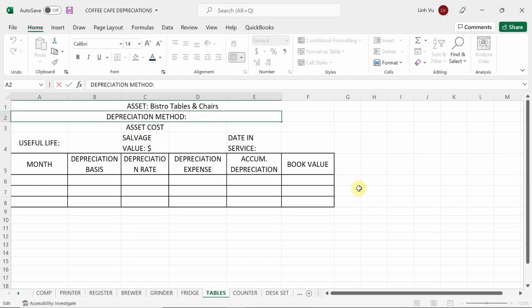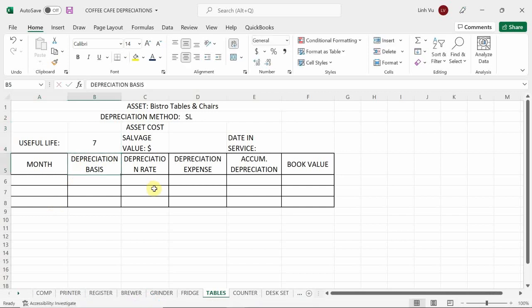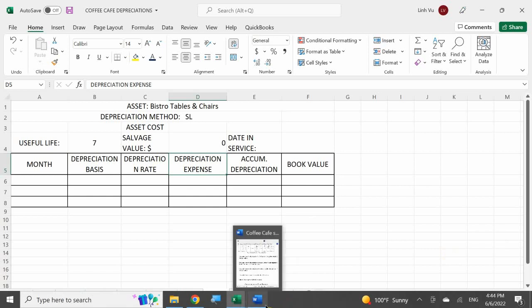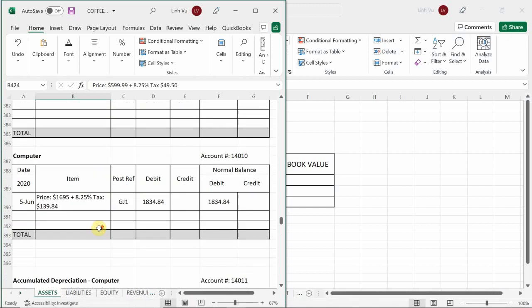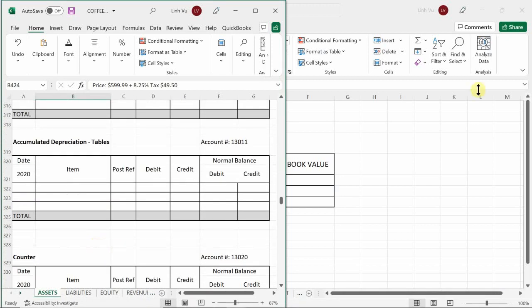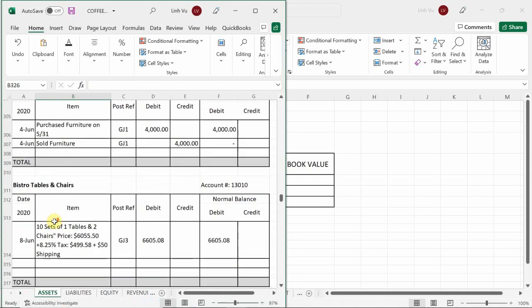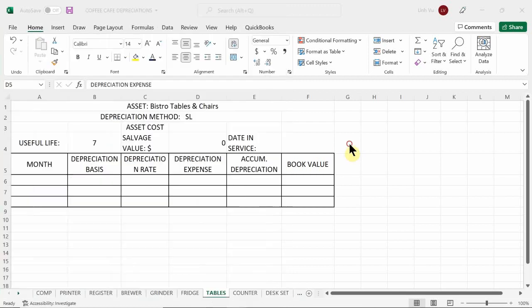Okay, we know this to be straight line. Okay, we have a 7-year lifespan on it. Okay, 0 residual value. So when did we actually purchase the furniture? Okay, so in this case, let's see. We purchased the tables and chairs as of June 8th for $6,605.08.